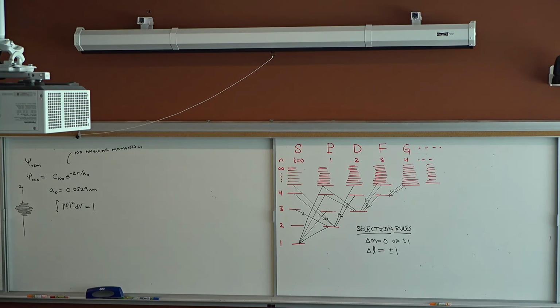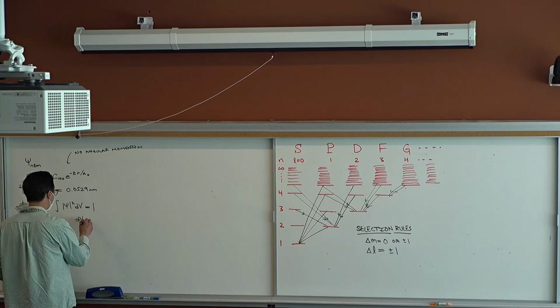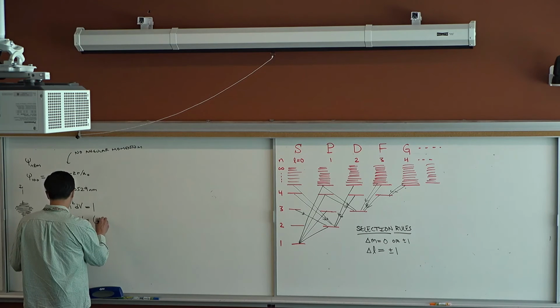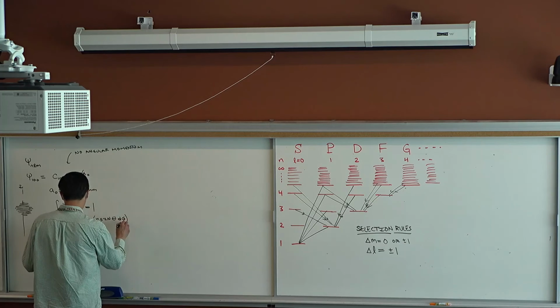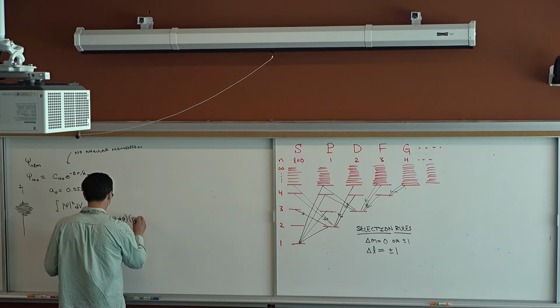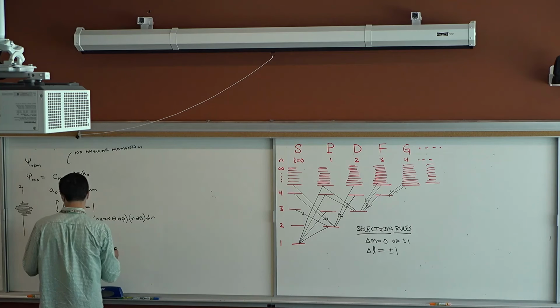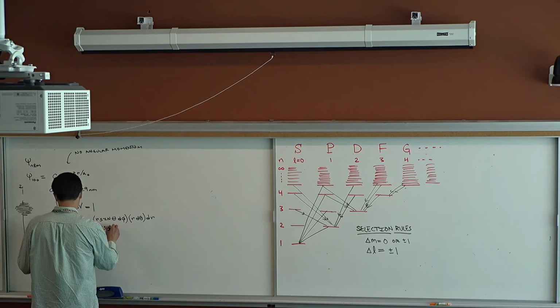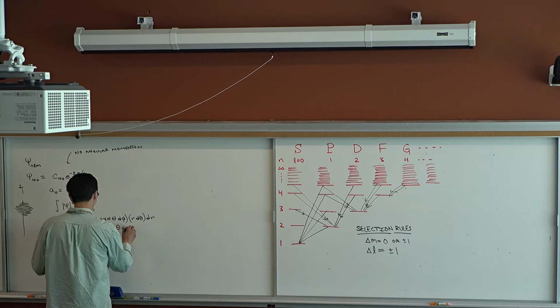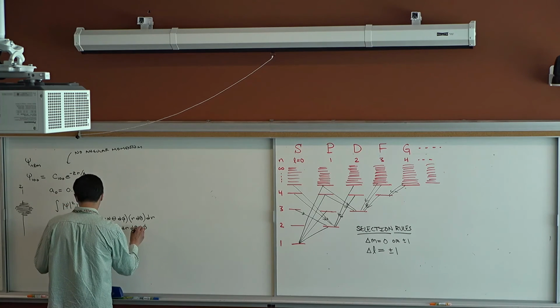But if we say that the electron is somewhere, that's basically this normalization criterion that the integral of psi star psi dV has to equal 1. dV in spherical coordinates, r sine theta d phi times r d theta times dr, is r squared sine theta dr d theta d phi.